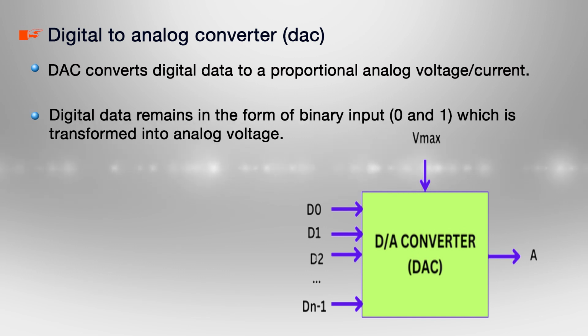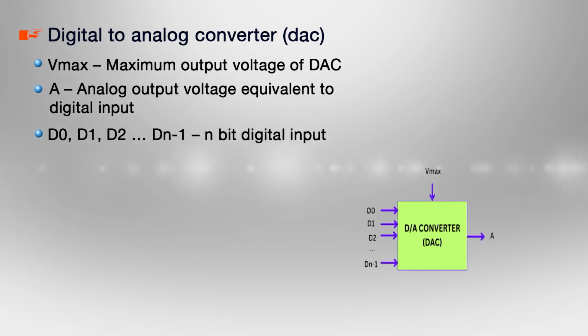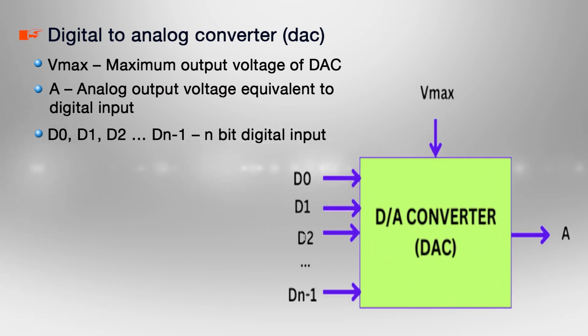Digital data remains in the form of binary input, either 0 or 1, which is transformed into analog voltage or current. The block diagram shows an n-bit DAC because it is taking n-bit digital data from D0 to Dn-1 as input and generating analog voltage A as output.